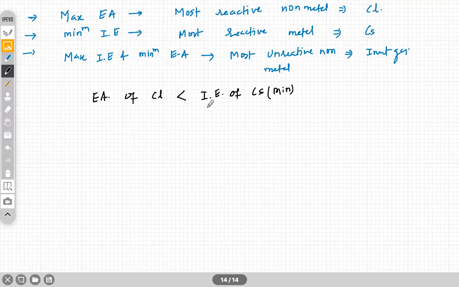So the minimum value of ionization energy is even greater than the maximum electron affinity of chlorine. These are the few things that you have to memorize. Theoretical questions they may ask you on this. All these are factual, okay, the values based order that we have here.